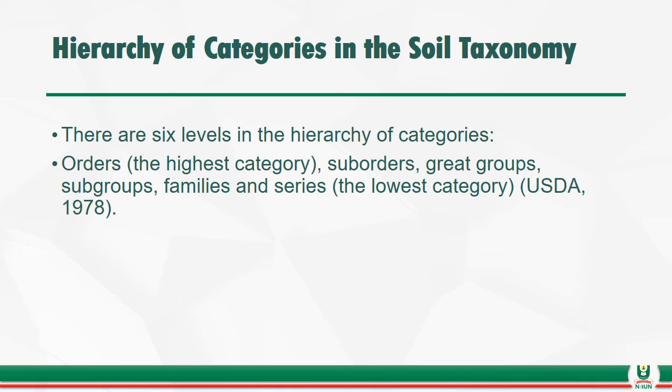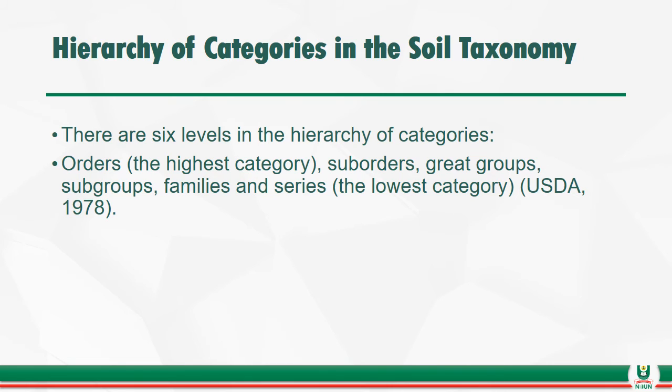Now, we have a hierarchy of categorization in USDA soil taxonomy. They have six basic categories: the order, the sub-order, the great group, the subgroup, the families and the series.